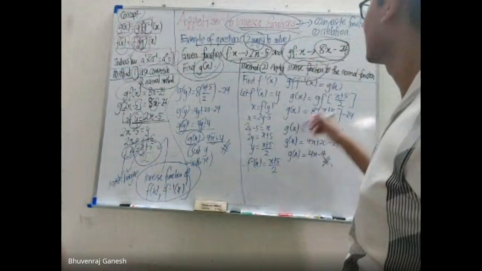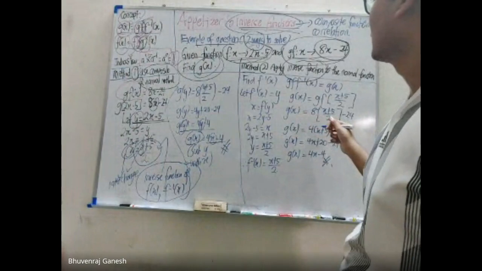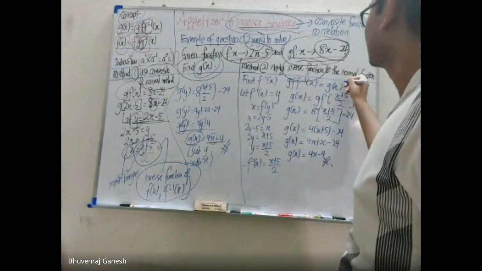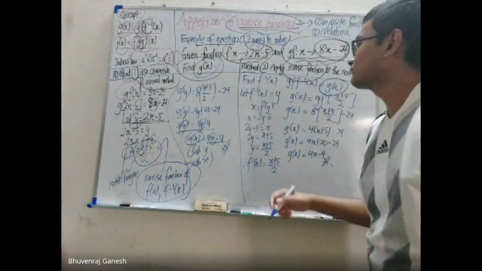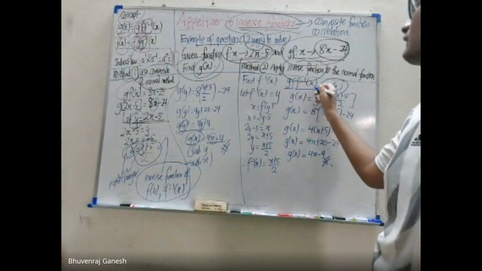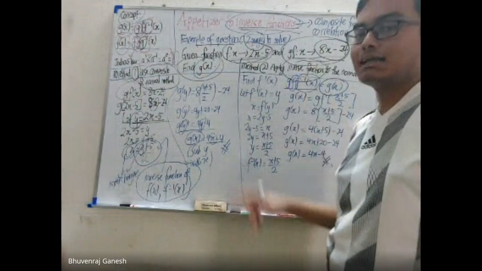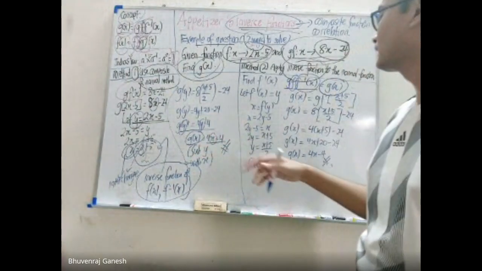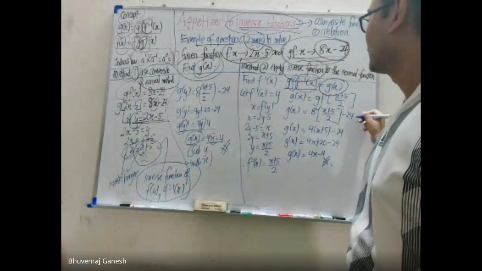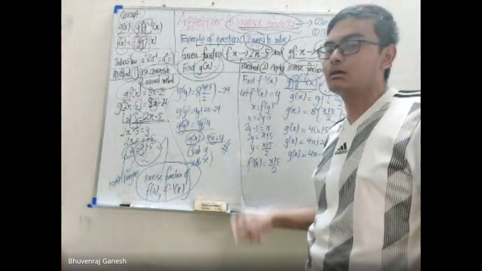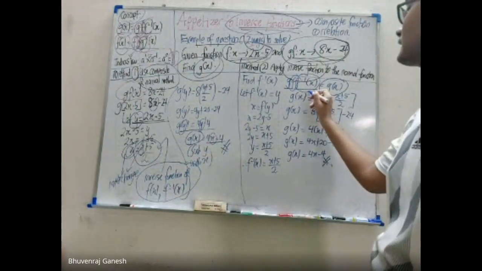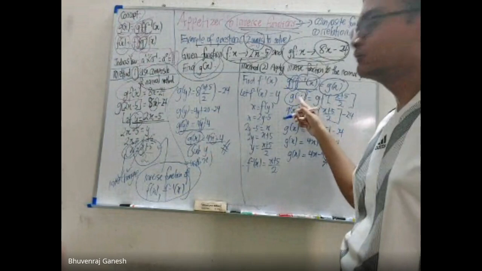So if you look at the second method here, you want to find the same thing. You want to find g(x) now as well. So you see what I'm doing here is I'm applying the inverse function f inverse x to the f here, so that f power 1 times f power negative 1, you will get 1 back, meaning f power 0. So you will get g(x). That's our goal now.